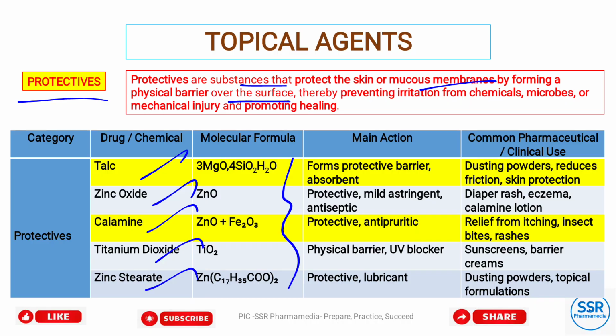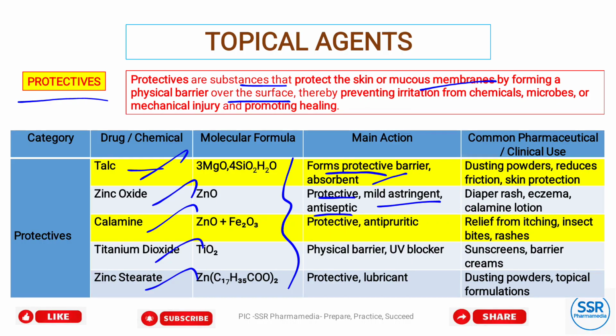These are all the main example compounds and the molecular formula of each compound. Go through it. The mechanism of action of each compound: talc forms a protective barrier and also acts as an absorbent. Zinc oxide is used as a protective, mild astringent and antiseptic.